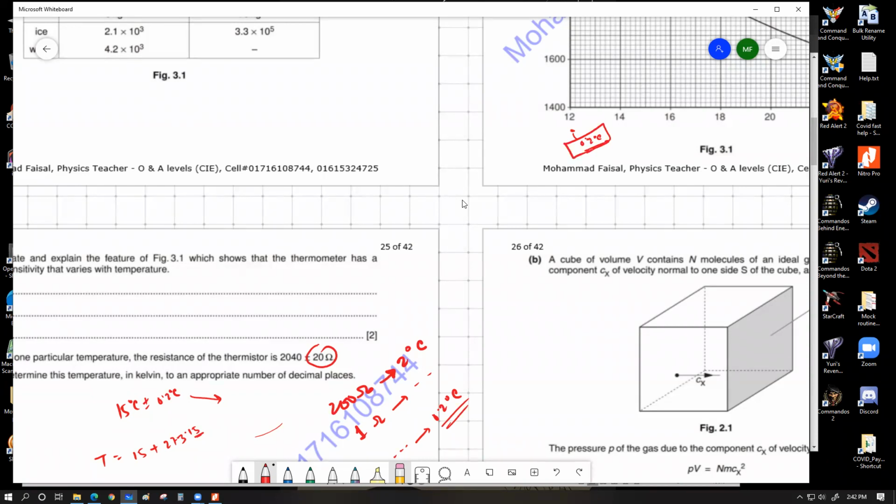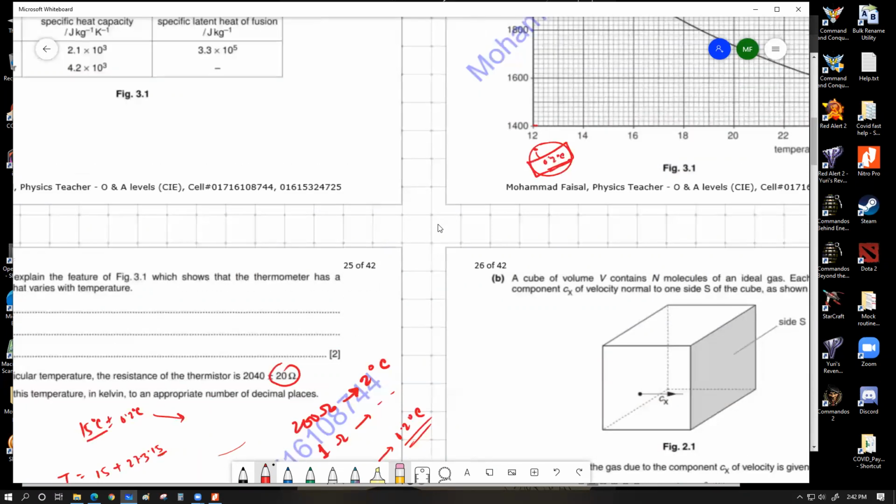বুঝতে পারছি? না স্যার। Because the smallest division on the x-axis is 0.2 degrees Celsius, this is a 1 decimal place. So when we read off 15 degrees Celsius, we should read this temperature as 15.0 degrees Celsius.